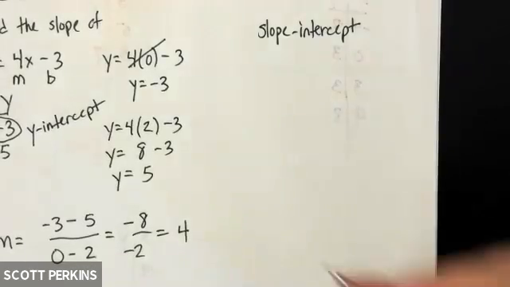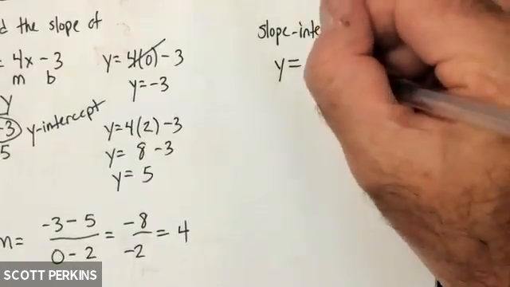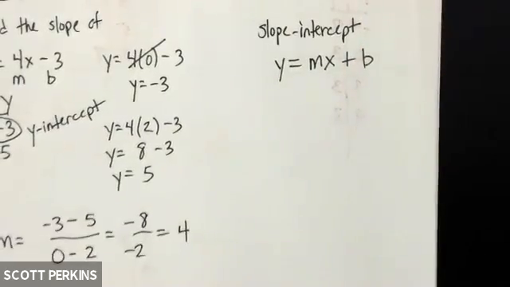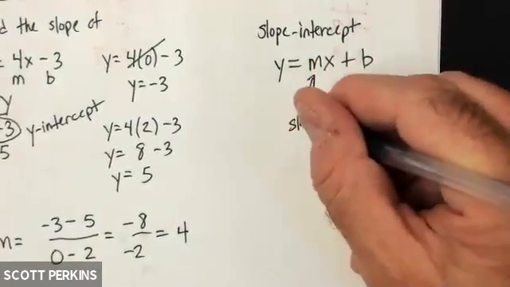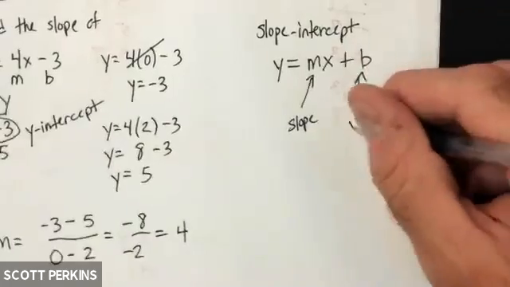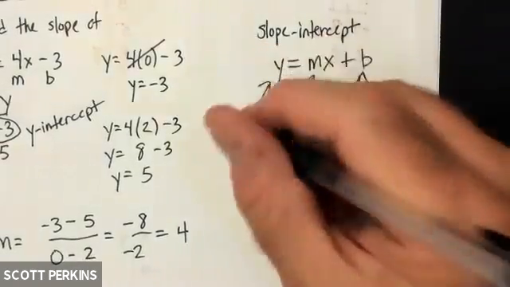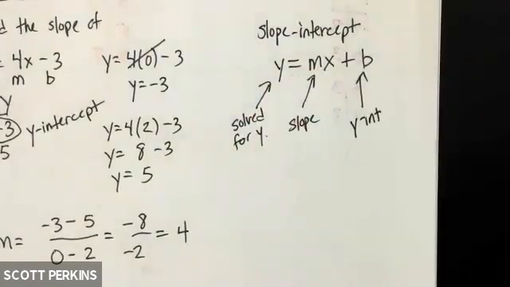It's called the slope-intercept equation because when you solve it for y, the slope is always in front of the x, and the y-intercept is always the number added on. So this is always going to be the slope. This is always going to be the y-intercept, which our book uses the letter B for. That's why I've called it B. And then it is solved for y.